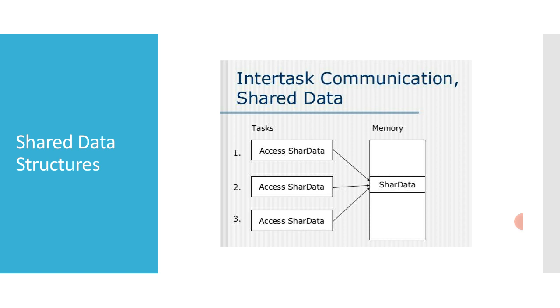Global variables, linear buffers, ring buffers, linked lists, and pointers can be referenced directly by code running in different contexts. So you can see tasks T1, T2, T3 access shared data and shared memory space in the memory.